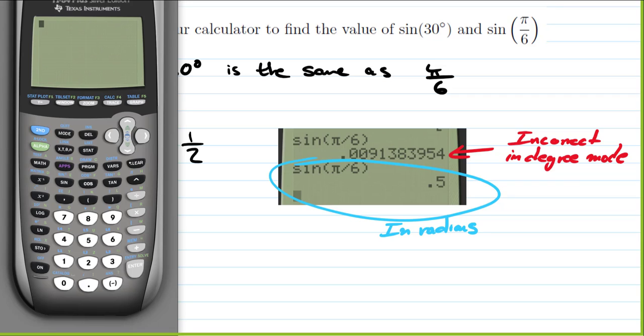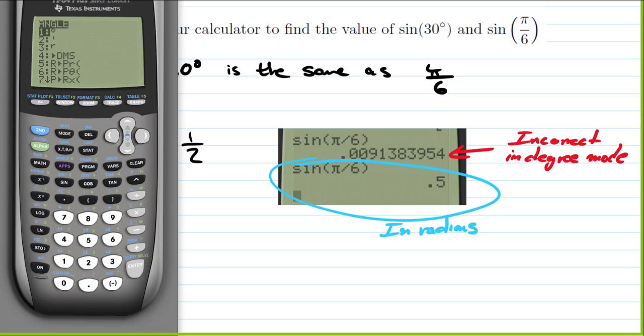So instead of changing it every time, if I just want to calculate the sine of 30 degrees, I go sine 30, and then if you look on your apps key, in the third row, second column, the secondary function says angle.